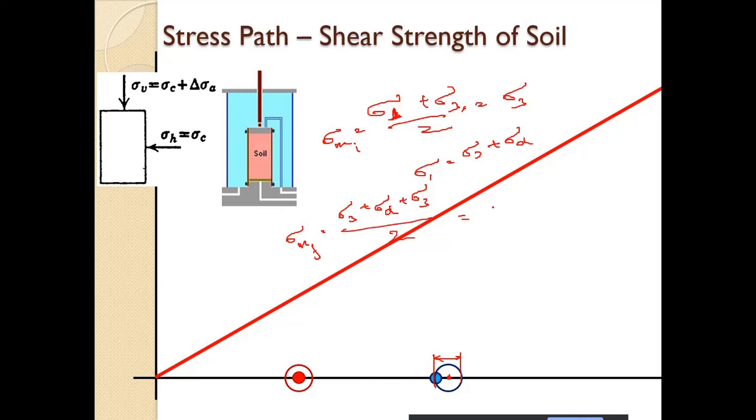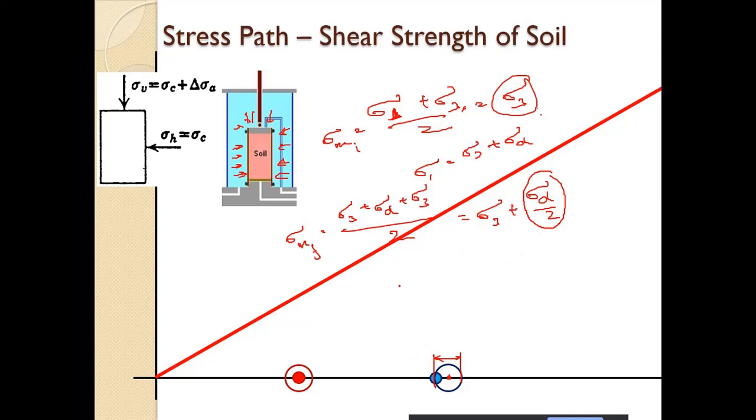This will give us sigma 3 plus sigma d by 2. So from sigma 3, which was the initial cell pressure, the mean confinement has increased by sigma d by 2.